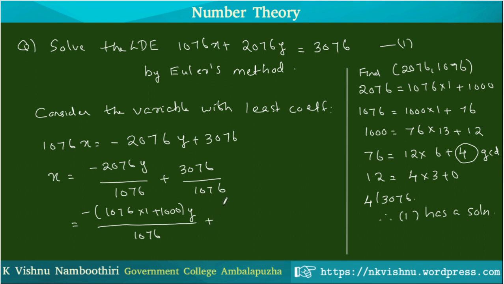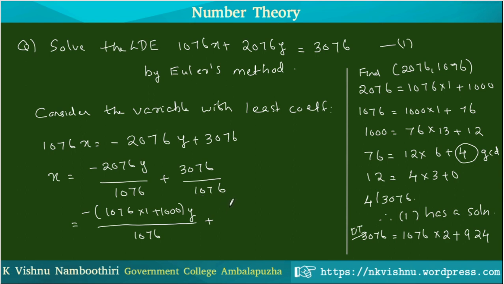And plus now 3076, that is going to be by division theorem, 3076 is equal to 1076 into 2 plus 924, that's the remainder.